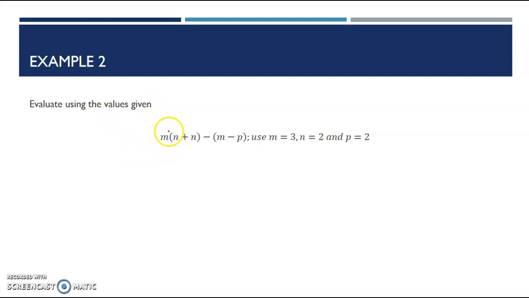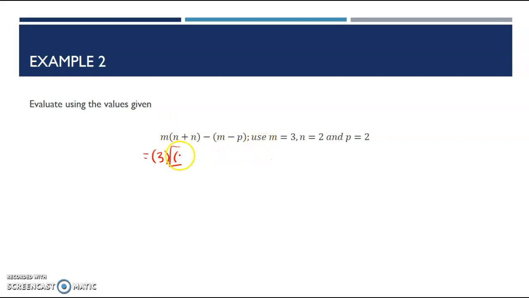Alright, so again, we would write m parentheses n plus n minus m minus p, all of that being in parentheses. So again, I'm going to use parentheses to plug into, so my m is 3. Now, I'm going to make this a bracket, just so I can tell the difference between parentheses and my grouping symbol.